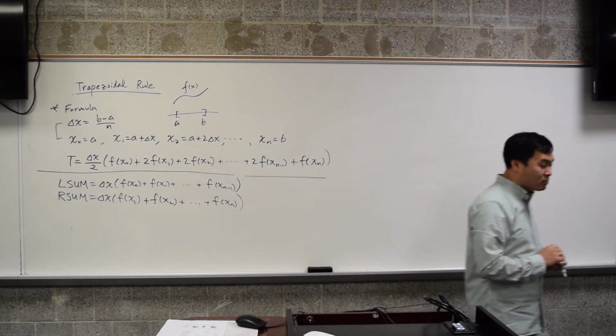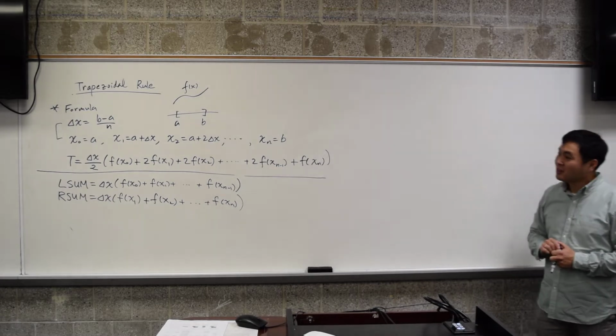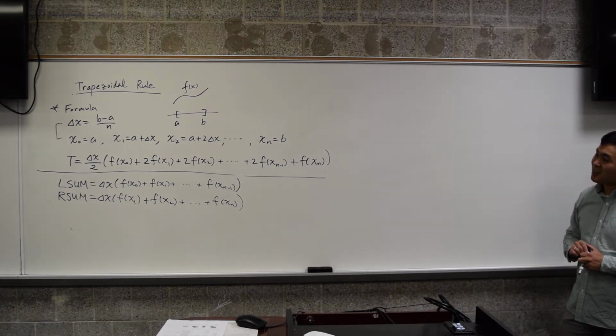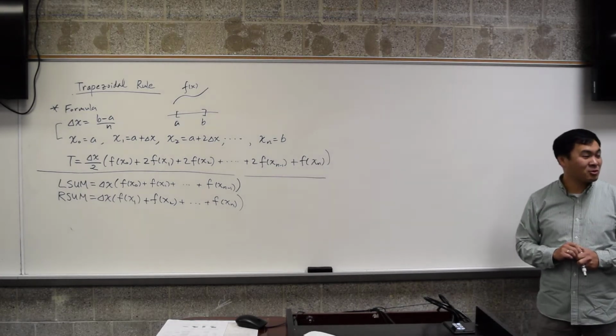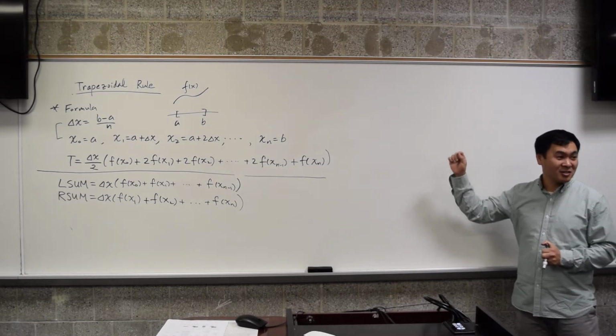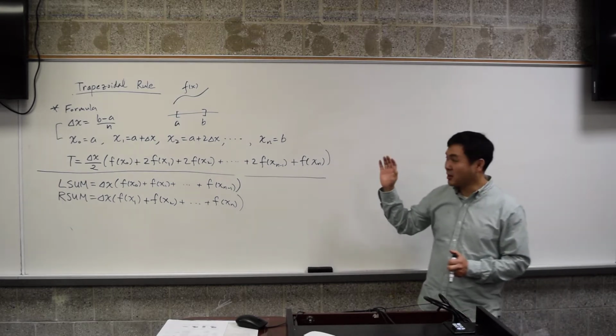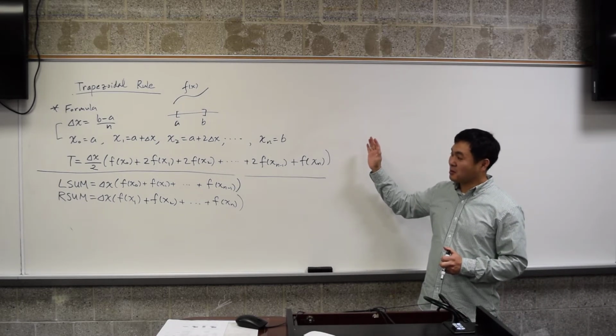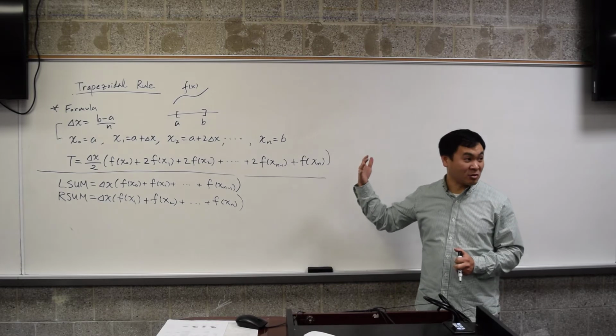Now, for practical purposes, as I said, Simpson's Rule is the most powerful, and it's just right. It's not too complicated, just a little complicated, but it gives you such a good result that you want to use that.